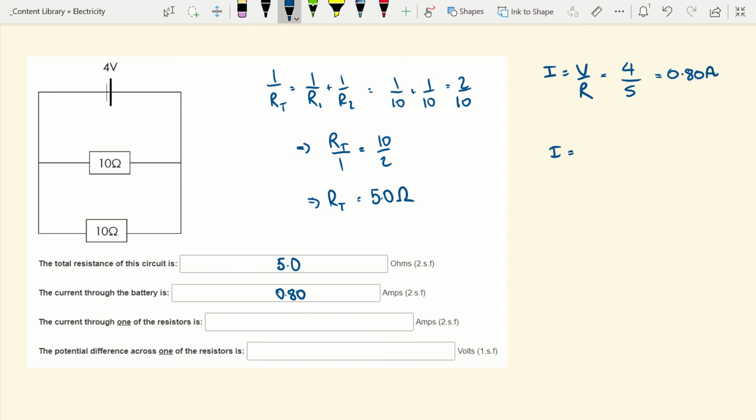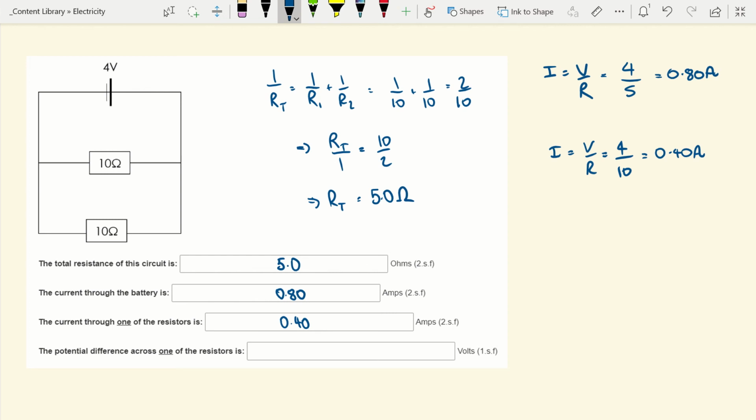So the potential difference is 4 across all of them. The resistance of one of them is just 10. So you can see we're going to get a current of 0.40 through either of the resistors, so that when we add them together, we get 0.8, which is what we should get. So we're going to get 0.40 amps here. And it was split equally between them because they're both identical in resistance.